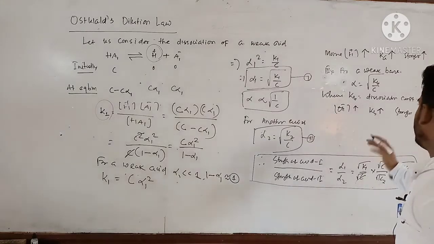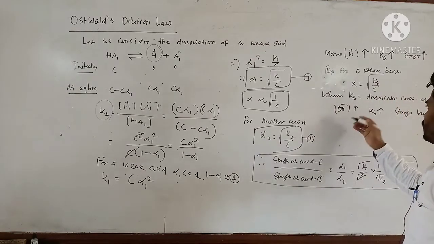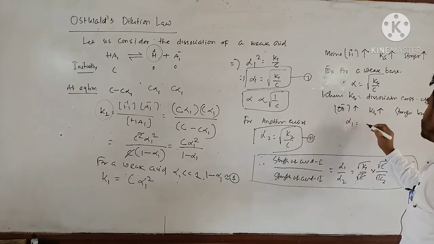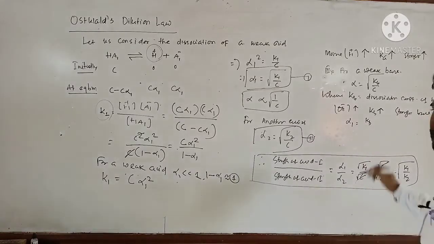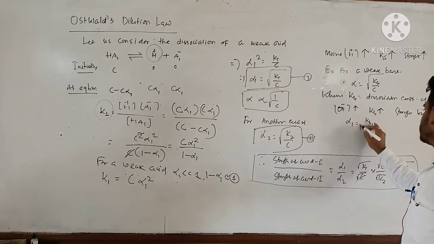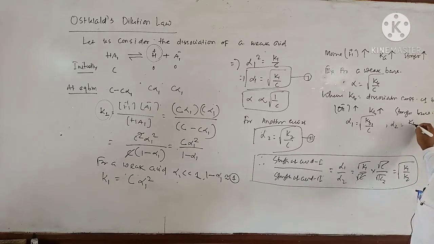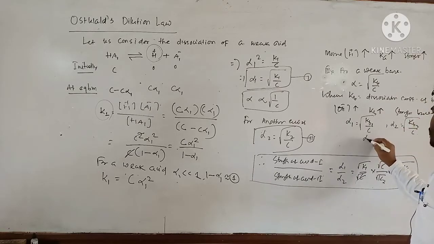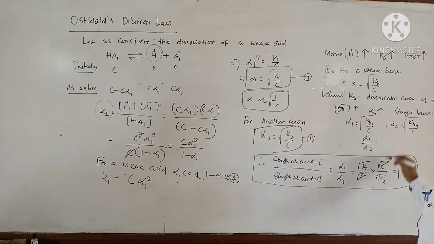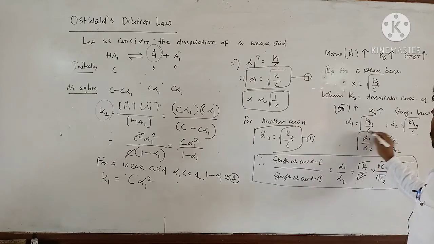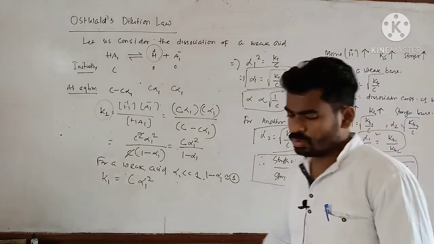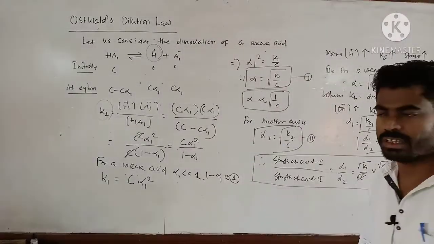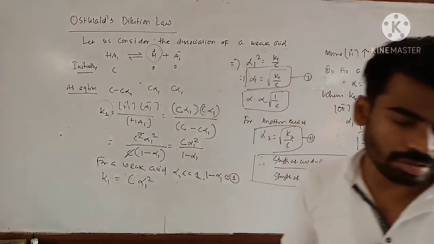So if I write two expressions for two bases, alpha 1 equals root of Kb1 by C, and alpha 2 equals root of Kb2 upon C. So tell me, alpha 1 by alpha 2 will be equal to root over of Kb1 upon Kb2. By this you can compare the strength of weak acids and weak bases, that is by Ostwald's dilution law. Clear?